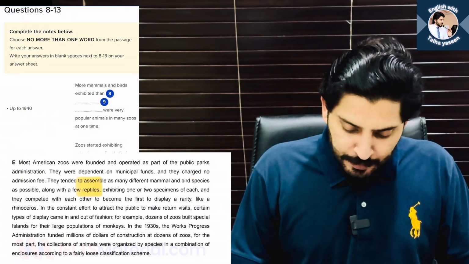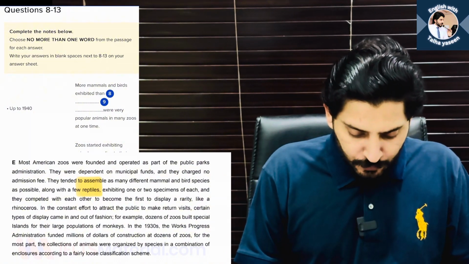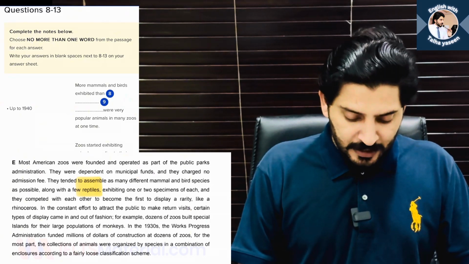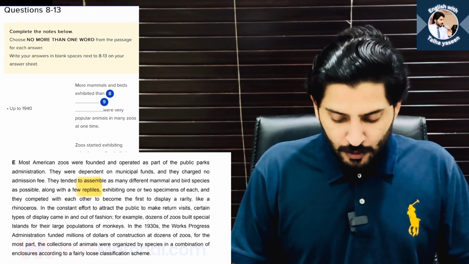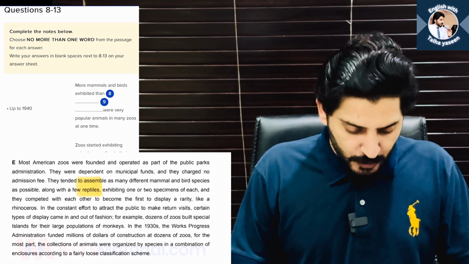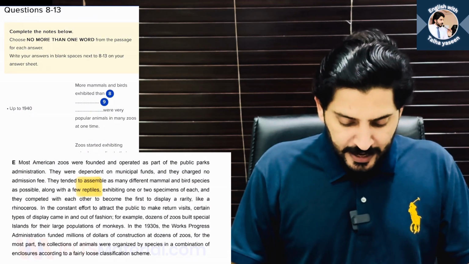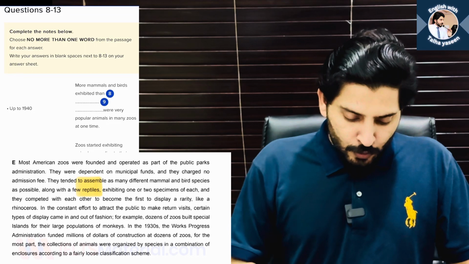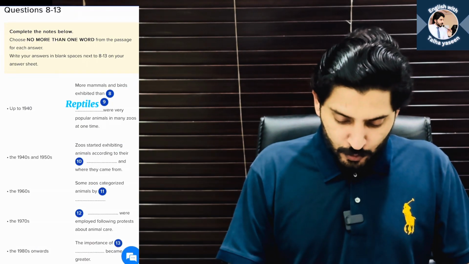They tended to assemble as many different mammal and bird species as possible, along with a few reptiles. So other mammals were more, but there were a few reptiles exhibiting 1 or 2 specimens of each, and they competed with each other to become the first to display a rarity like rhinoceros. So we will write reptiles in question 8.